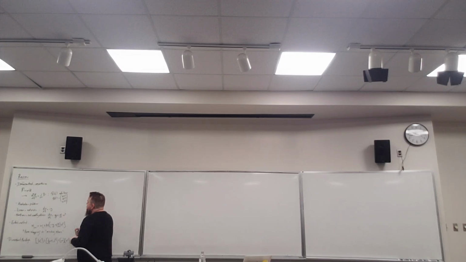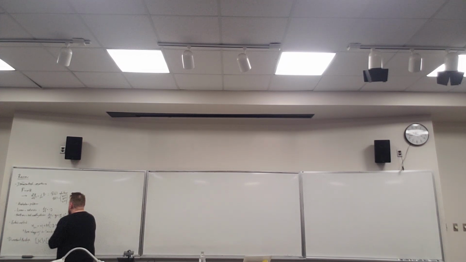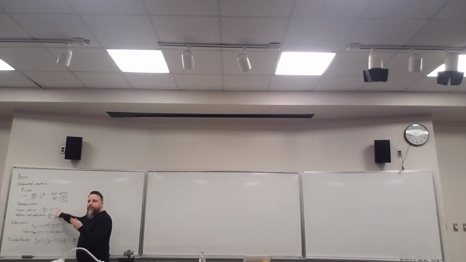But this would still be linear if, for example, we added a linear drag term to it, like minus beta w, where beta is just some constant. This would still be linear because the right-hand side only depends on w up to the first power. It doesn't have, for example, w squared or w cubed or anything like that.